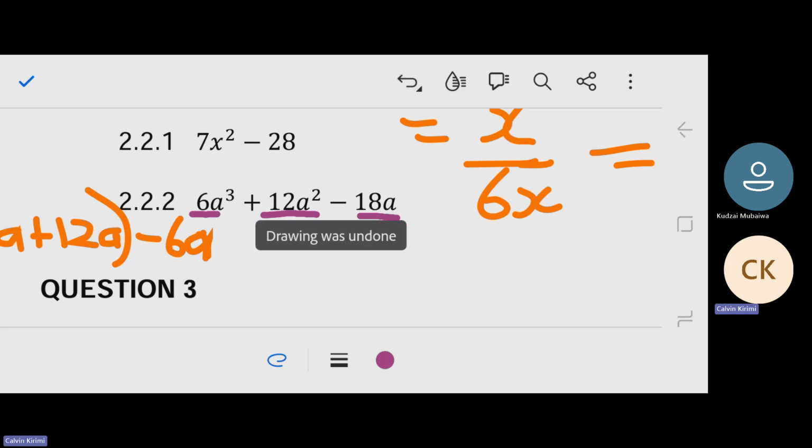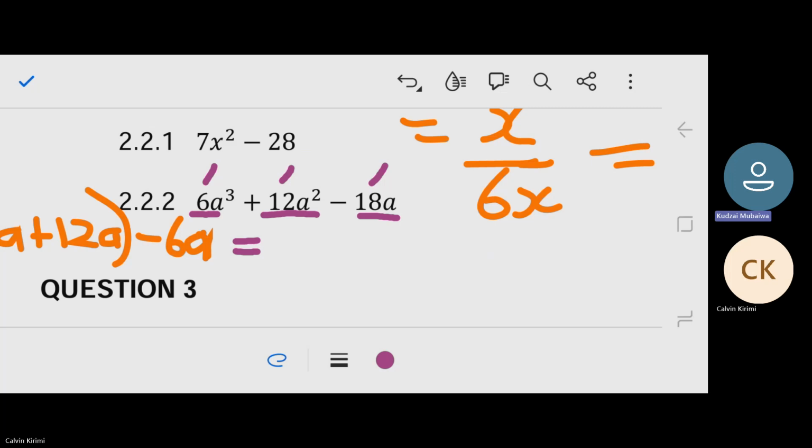What else is common besides A? Also 6. 6 is there. So it's 6A bracket.